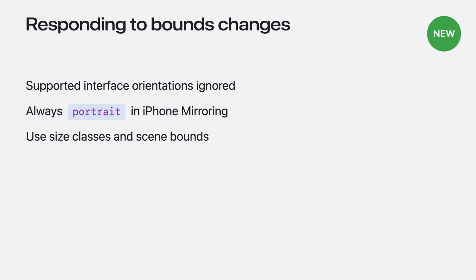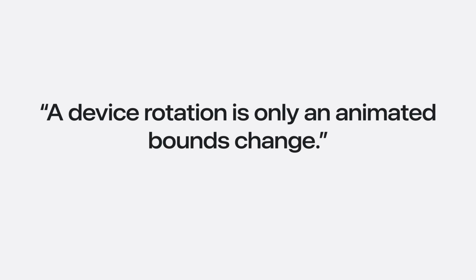This conceptual shift was introduced in iOS 8. At WWDC 26, Bruce Nilo said, "A device rotation is only an animated bounds change." With an array of device sizes, resizable windows on iPad, and resizable iPhone apps on Mac, today this insight is more relevant than ever.